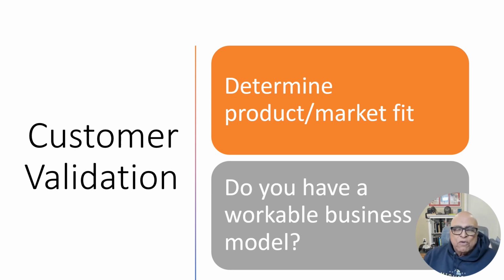So you run into this over and over again, not just in terms of channel, but in terms of partners, in terms of every aspect of the business model, customer service, and so forth. You have to have a business model that works in order to be able to sell a product sustainably. And so this customer validation step is what you have to execute successfully in order to eventually have a workable business.